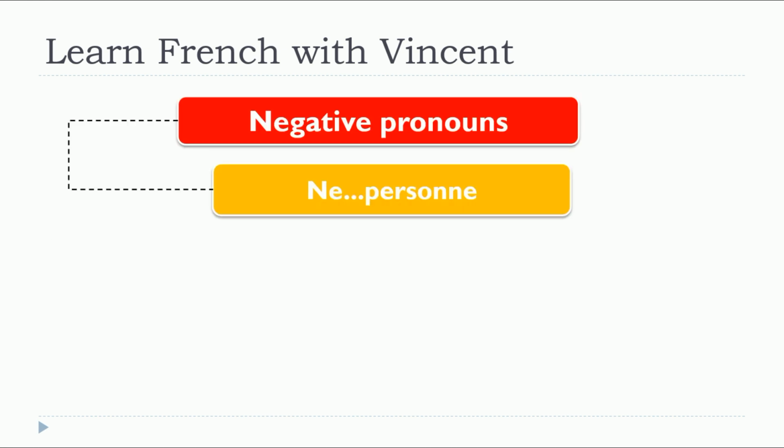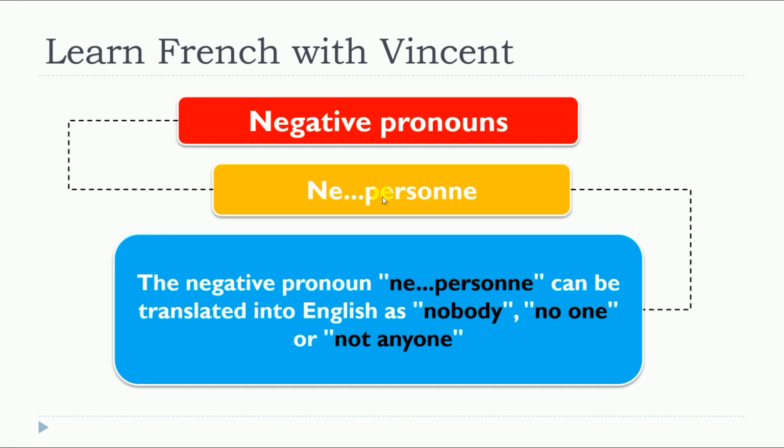So this lesson is about ne, personne, and the negative pronoun ne, personne can be translated into English as nobody, no one, or not anyone.